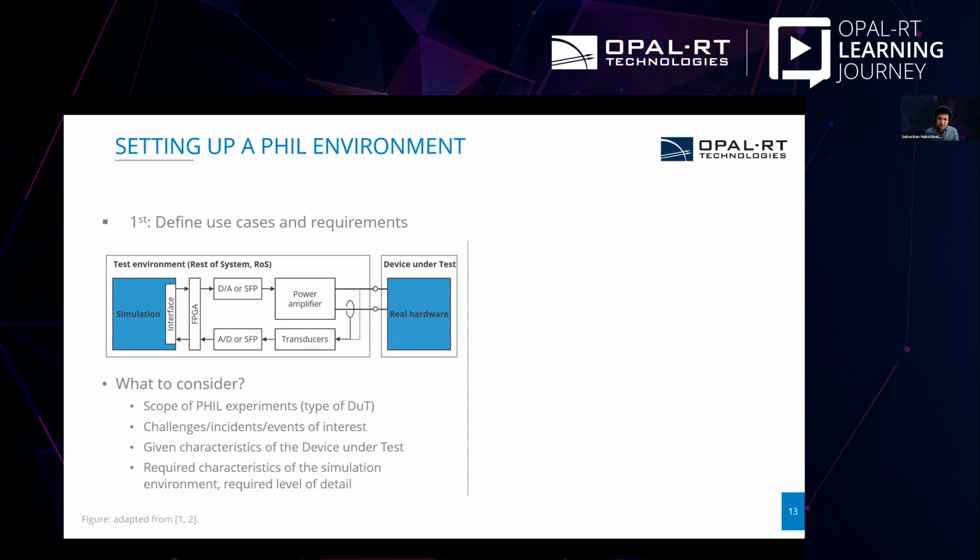What is being simulated? Next, we need to consider the challenges, incidents, and the events of interest. What dynamics and bandwidth have to be covered in order to have realistic experiments. Third, we need to consider the given characteristics of the device under test, like how fast does the DUT behave, how fast is the higher level controller, and how fast do we need interactions with the grid. And last, we need to consider the required characteristics of the simulation environment.